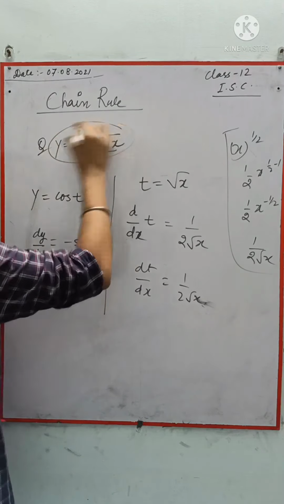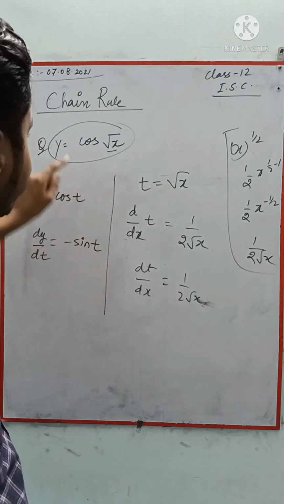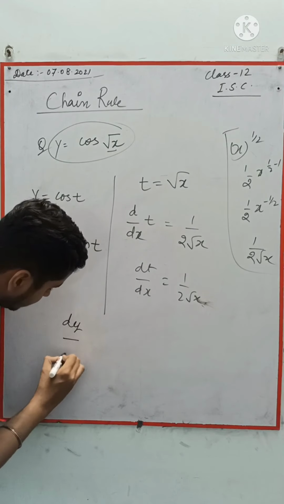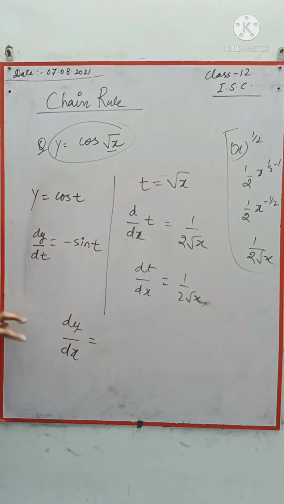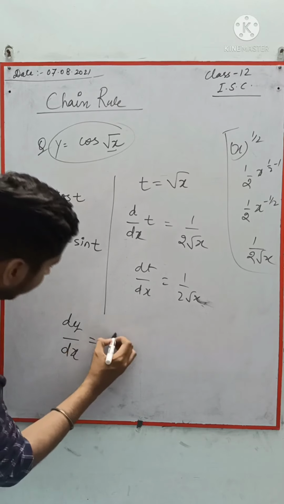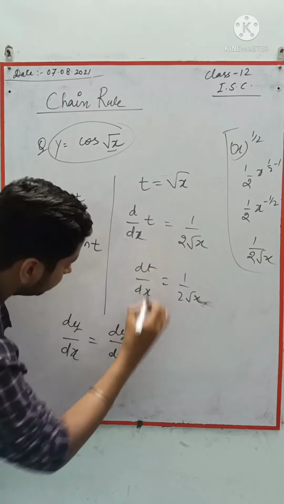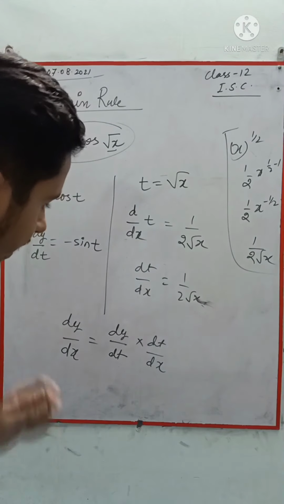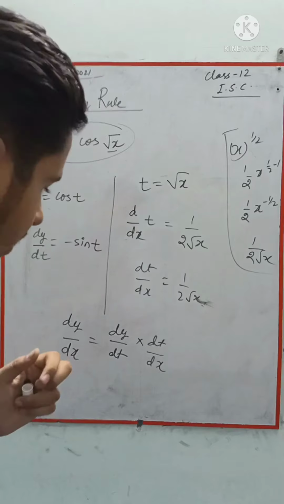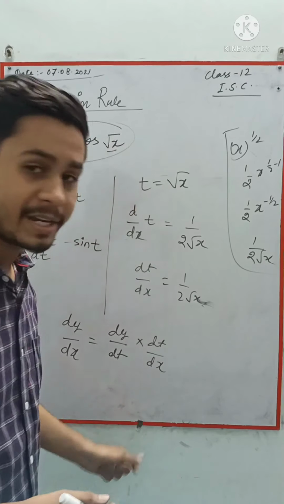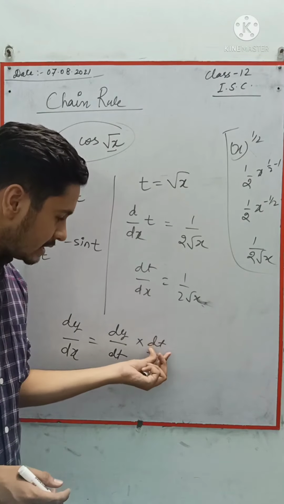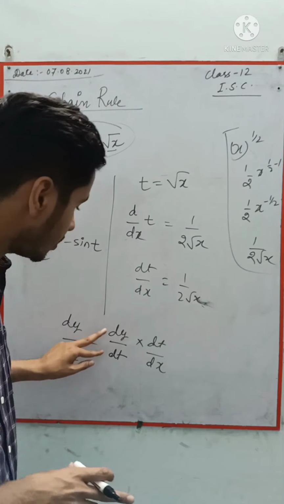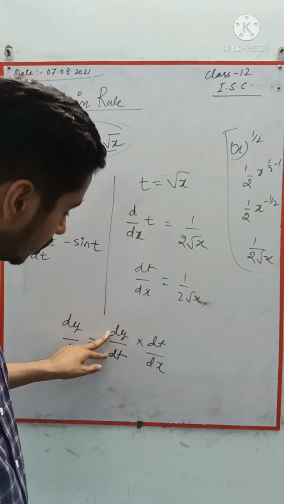But our question was in terms of y and x, and we need dy/dx. So dy/dx can be attained on multiplying dy/dt with dt/dx. Actually we think in such a way, it's not the correct way, but to make you understand, see this dt and dt can be cancelled, which we don't have to do, because this is not a division operator, as I already told you.